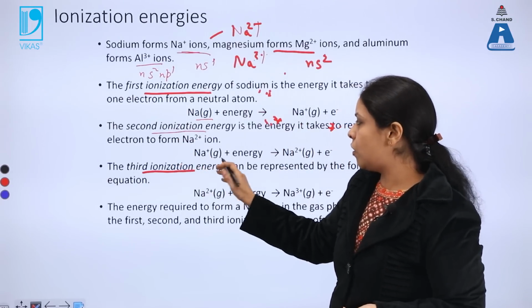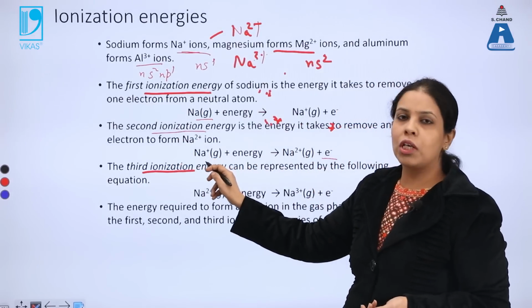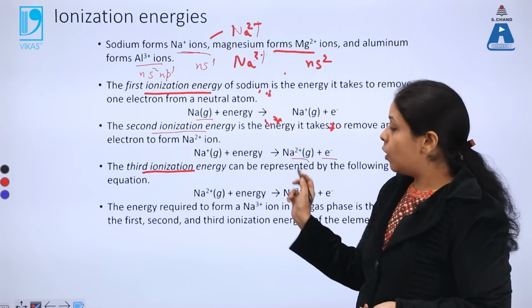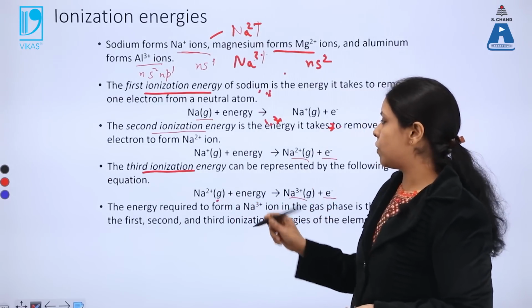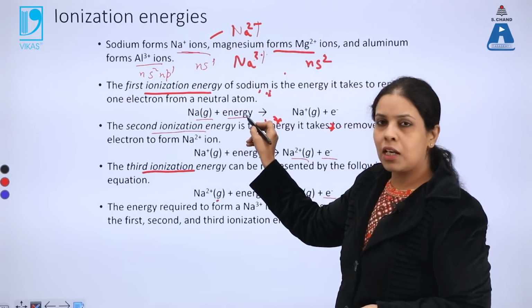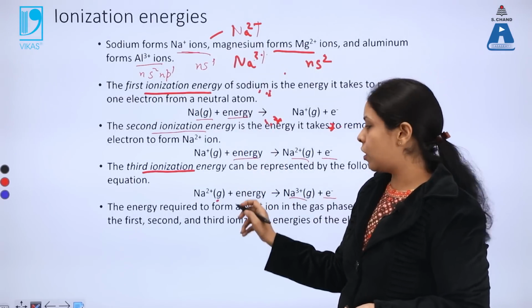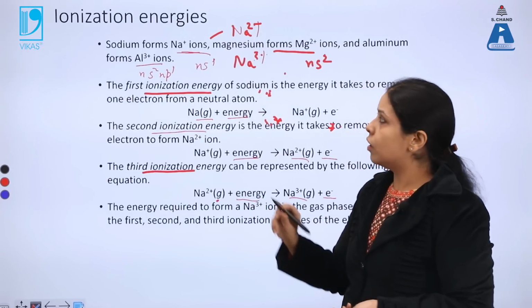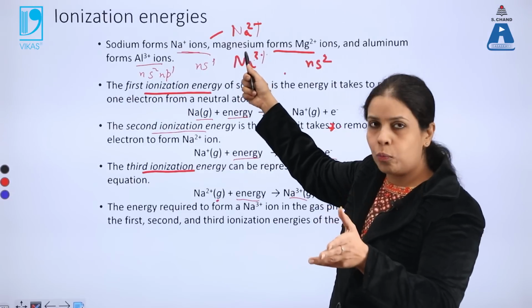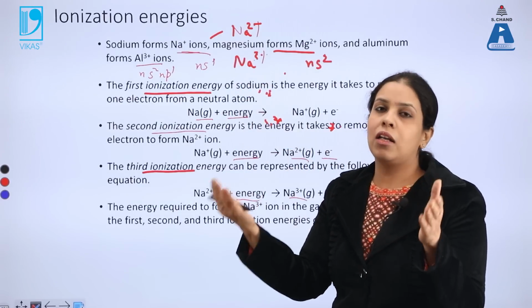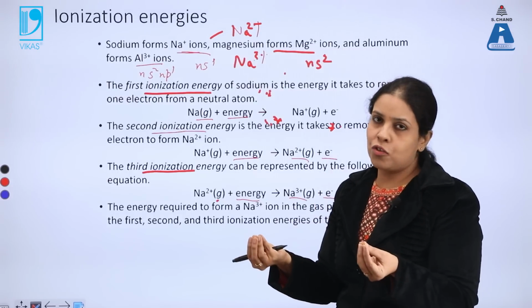Second ionization energy: we remove one more electron from sodium plus and get sodium 2+. We remove one more electron from sodium 2+ and get sodium 3+. So the energies are the first, second, and third ionization energy. If we want molecules having Na3+ or Na2+, we have to provide higher energies to the system.